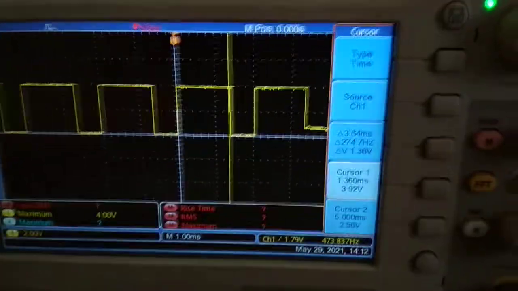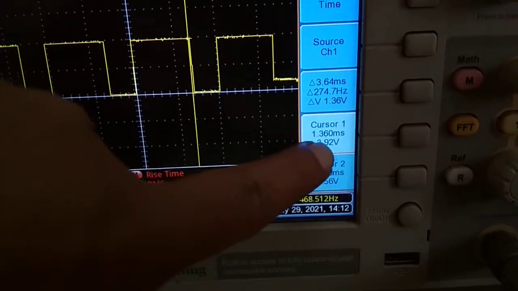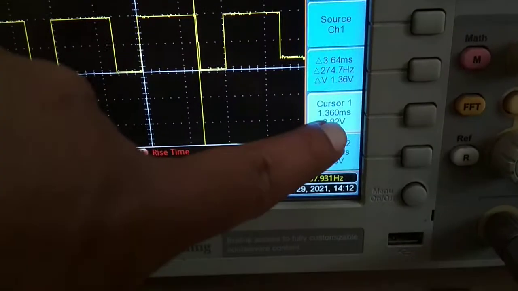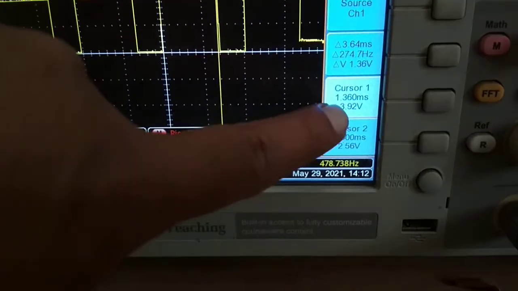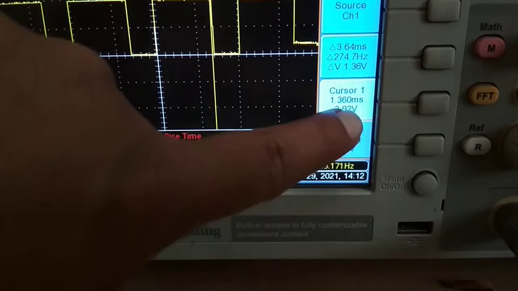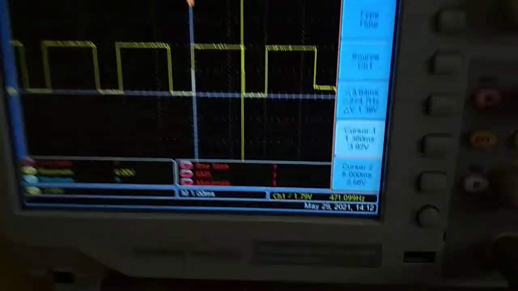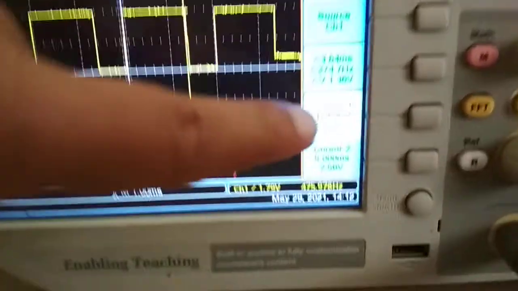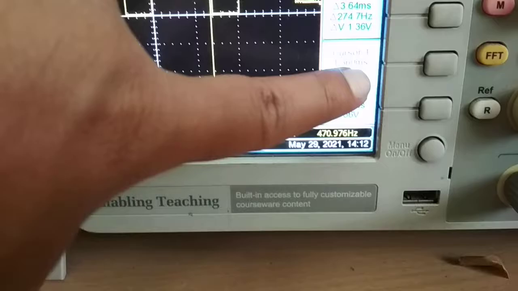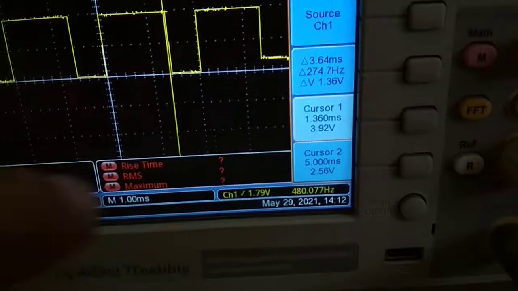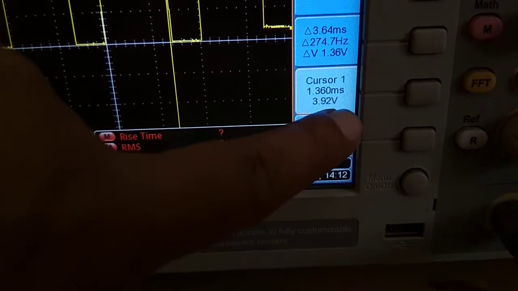You can see it here, 1.360 millisecond in milliseconds. It is my T on time. Just note down this reading, 1.36 milliseconds is T on.